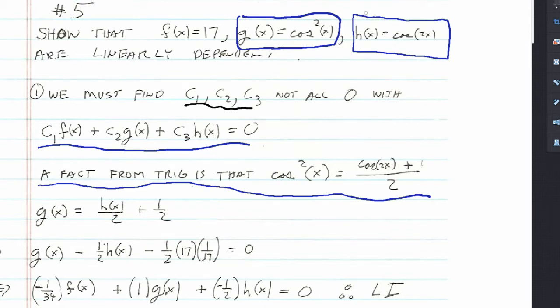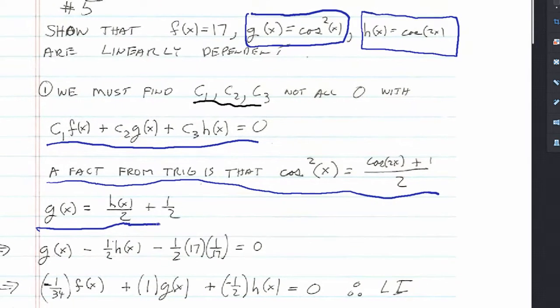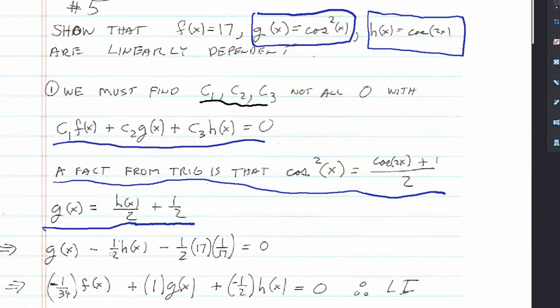Using that, we can see that g of x is equal to h of x over 2 plus 1/2. Well then that means that g of x minus 1/2 h of x minus 1/2 times 17 times 1 over 17 equals 0.